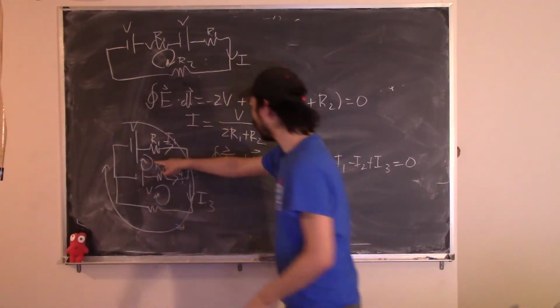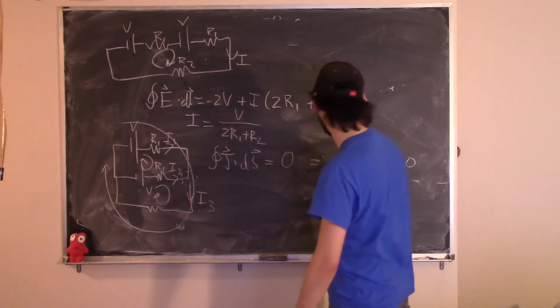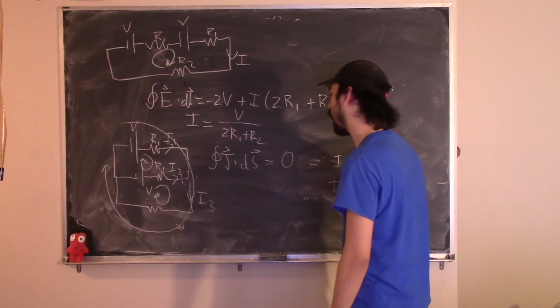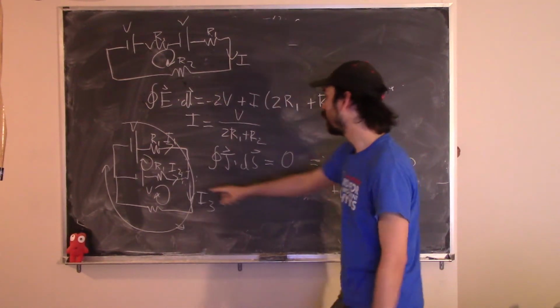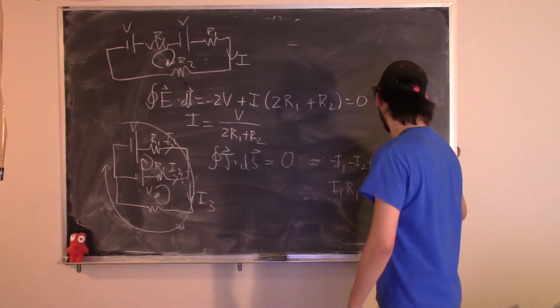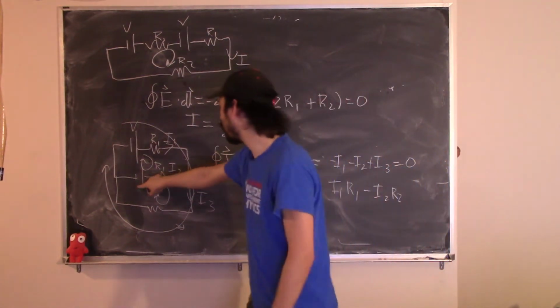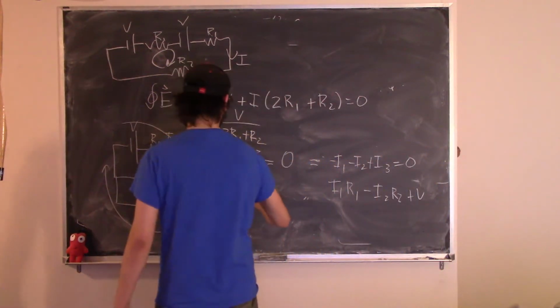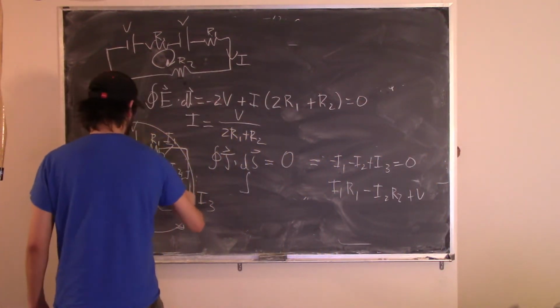Okay. So going around this loop, this is going to be plus I1 R1 minus I2 R2. This is going to be plus V. And let's call this loop 1 and loop 2.